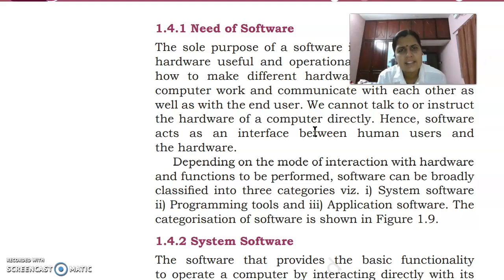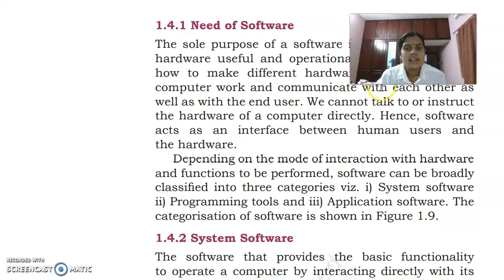Just think of a computer which does not have an operating system, then what happens? We cannot use that computer because without an operating system a computer will not work. This operating system is an example of software. So software acts as an interface between human users and the hardware.